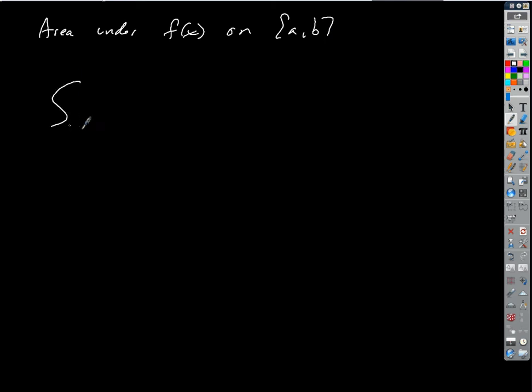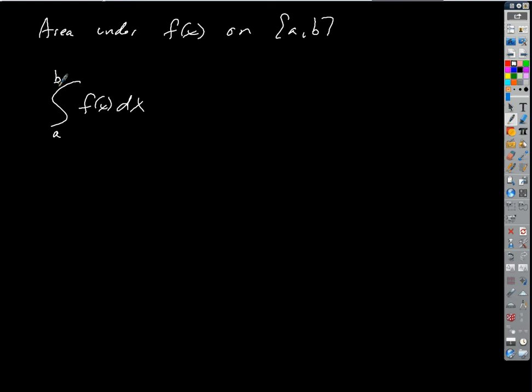So if we want to find the area under f of x from a to b, then here's what that means. It's going to be the integral of f of x dx from a to b.